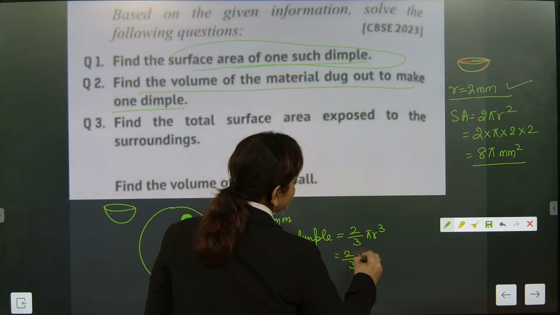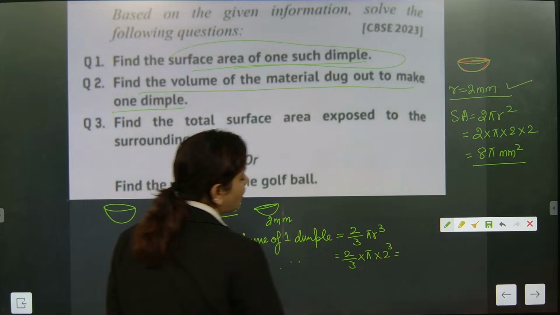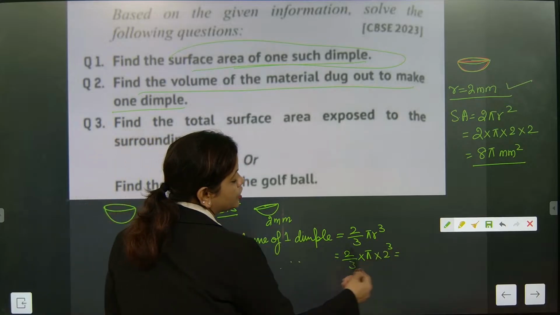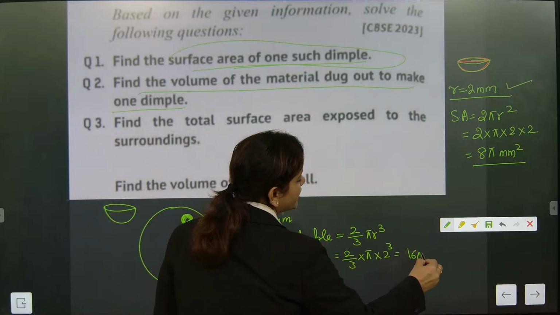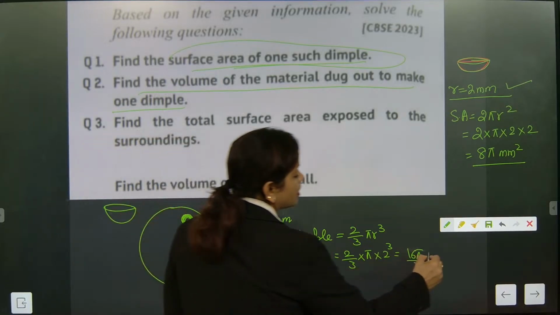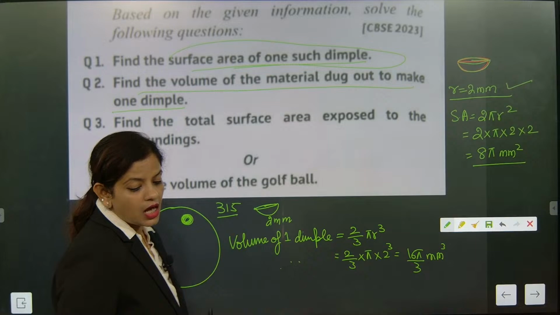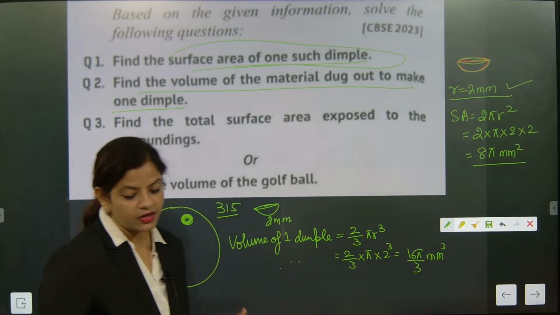Now 2 by 3 into pi into 2 cube. So here how much will it become? 8 into 2 is 16 pi by 3 is the volume of one dimple.